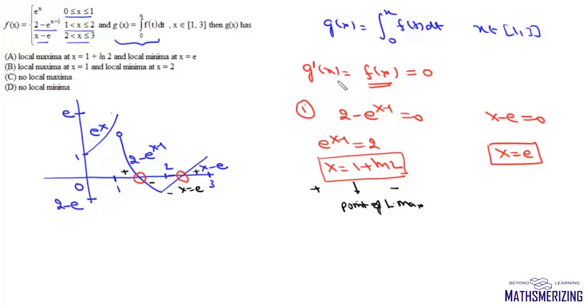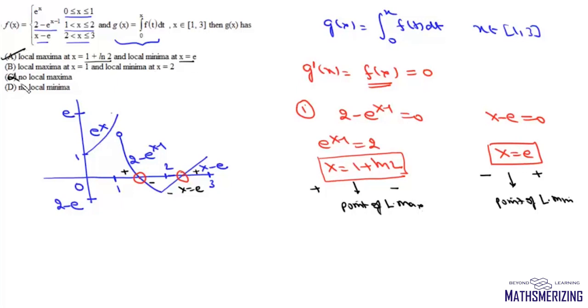Sign of g dash x changes from negative to positive, that is first decreasing and then increasing. So that means x equal to e is a point of local minima. So one of the options is local maxima at 1 plus log 2 and local minima at x equals e, and that's your option A.